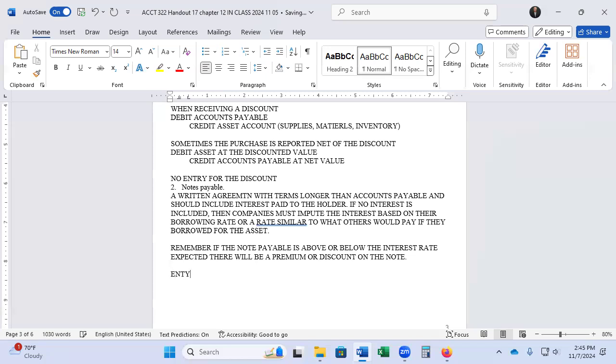So your entry would be to debit cash or asset, and then a debit here for discount, if applicable.